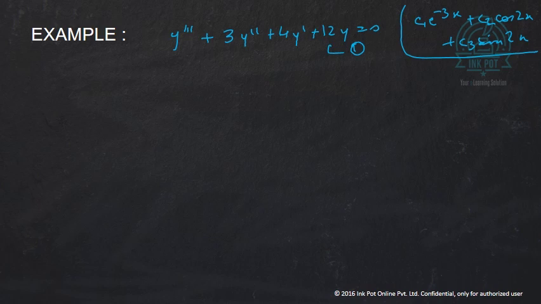Okay, so let us take the values for c1, c2 and c3. So let c1 is equal to minus 3, c2 is equal to 3 and c3 is equal to minus 2.